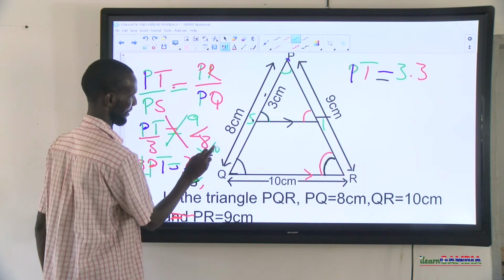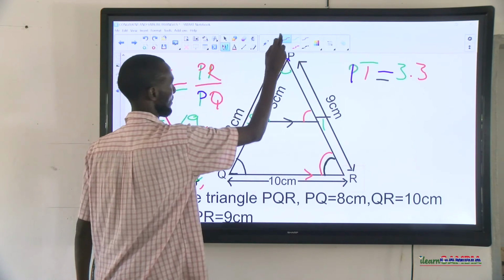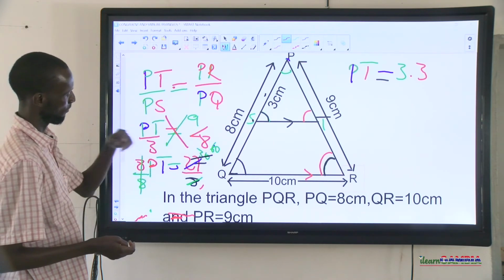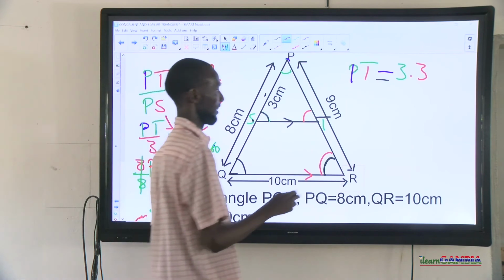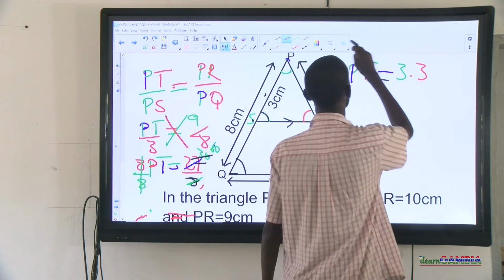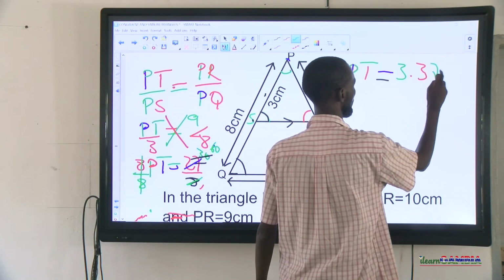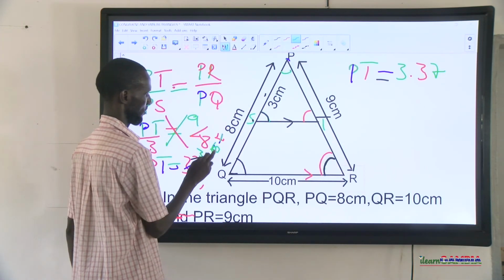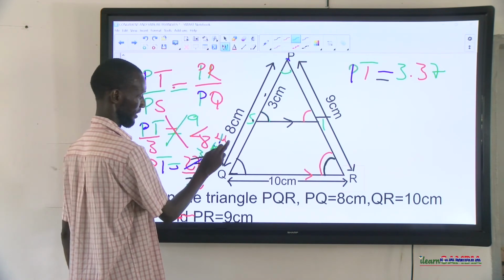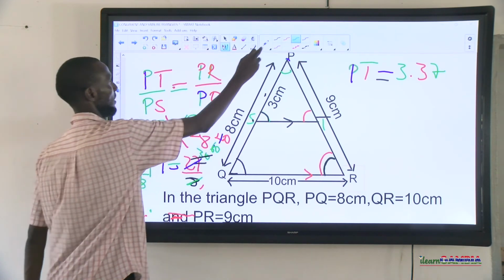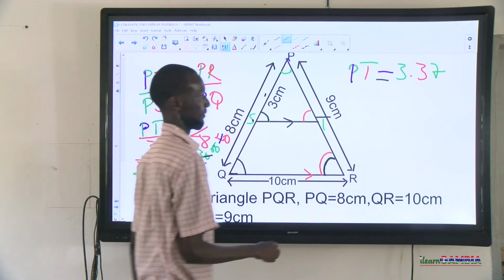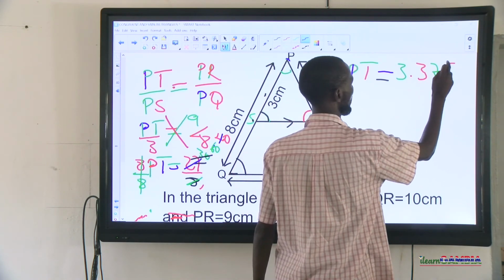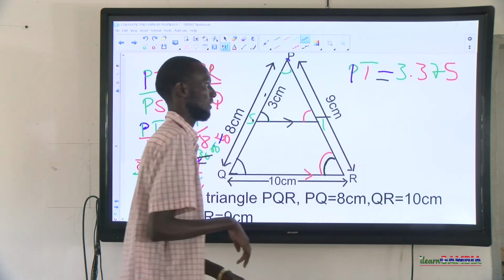Again, if you add 0 to the 6, 8 cannot go into 6 rather, but 8 can go into 60, that is 7 times. Which is 56, and there is still a remainder of 4. Still 8 cannot go into 4, so we add 0 again, get 40. But now 8 can go into 40 exactly 5 times. So that is 5. So actually our PT is 3.375.